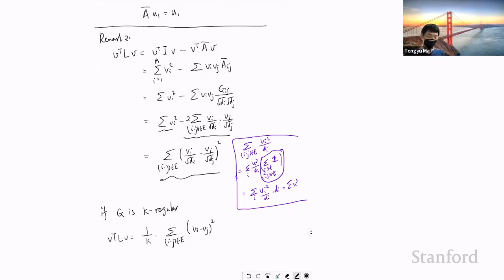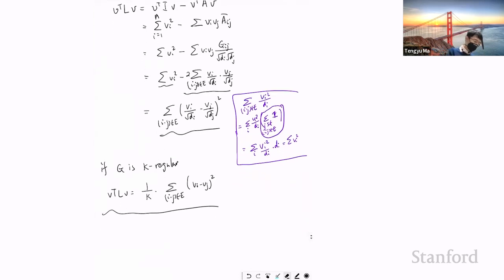But why did I do so much work to get this equation? I think the equation is very important because this is how these algebraic quantities link to the conductance. This is still a linear algebraic quantity, a quadratic form. However, suppose now you restrict V to be binary.